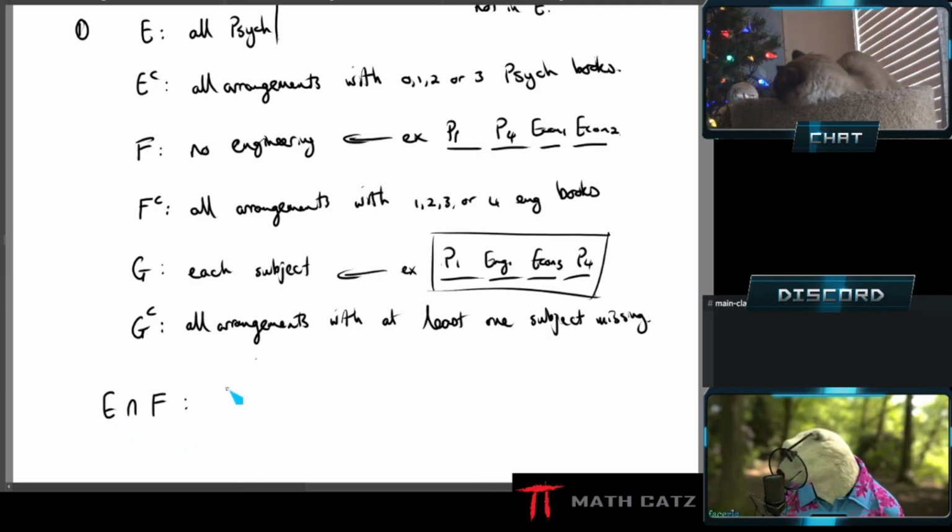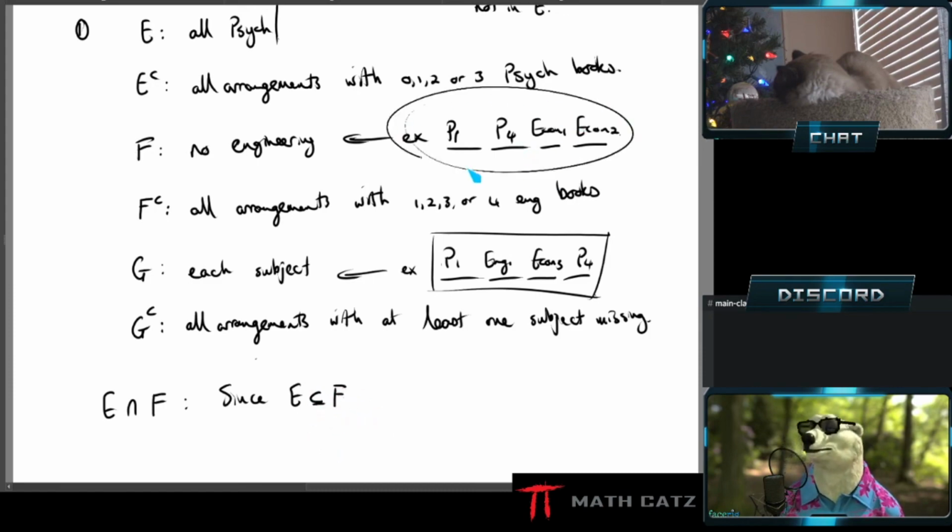In this case, since E's requirement is already in F, but F has more, F can be satisfied in this way over here. And E doesn't like that. But anything that E has, which is arrangements with all psychology books, F will be happy with that as well. So any element in E is necessarily in F as well.